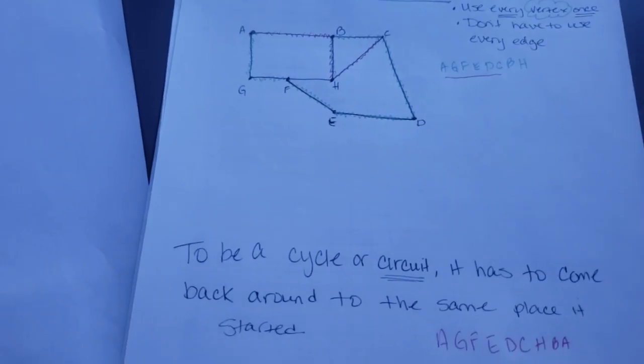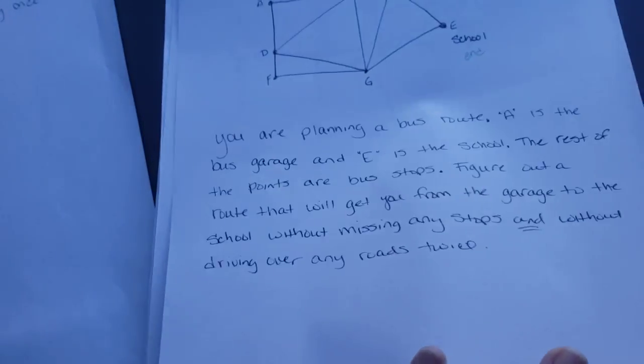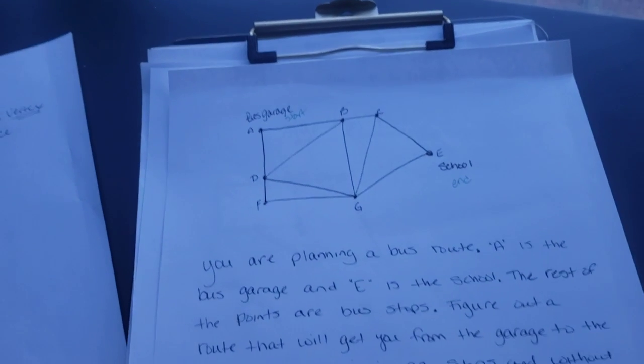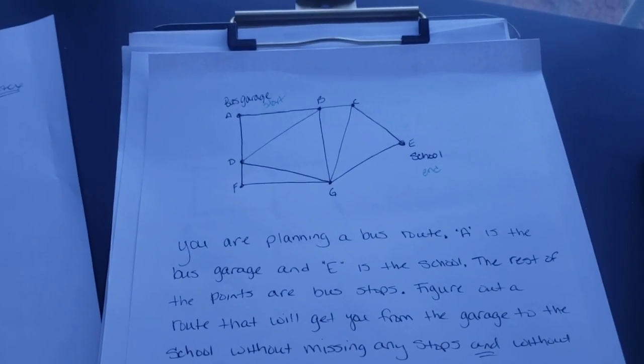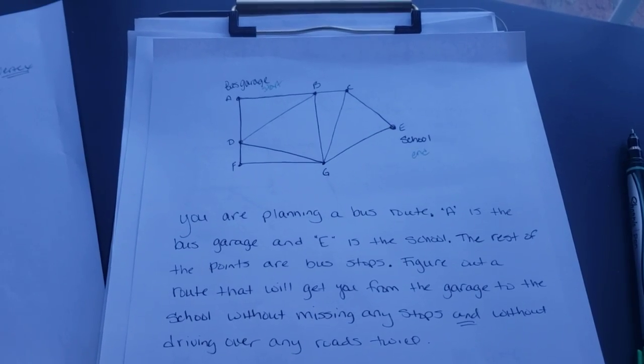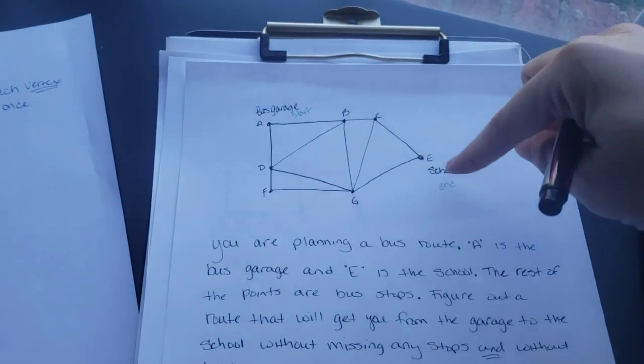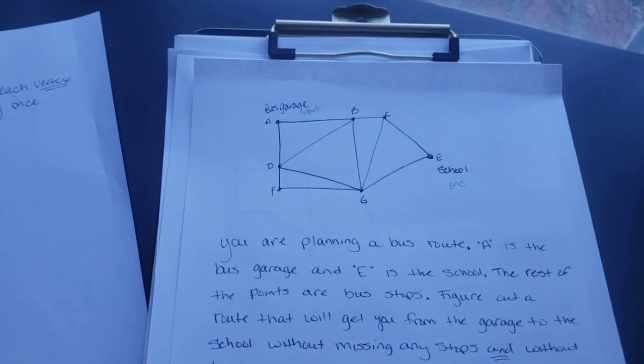All right, so let's go back to our bus path problem and see how this might apply. What I'm really looking for here is a Hamilton path, a path that will take me through each of the vertices and will start at the bus garage and end at the school.